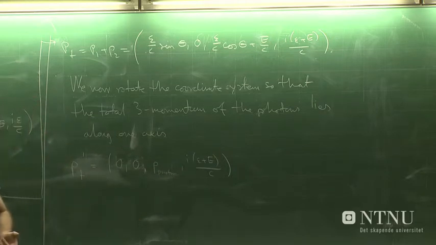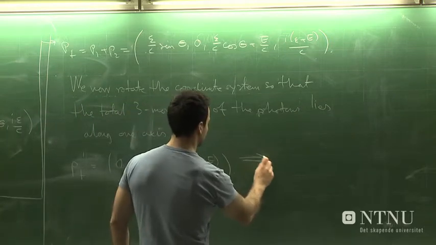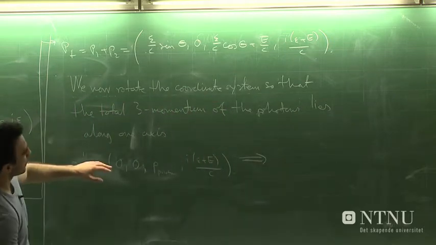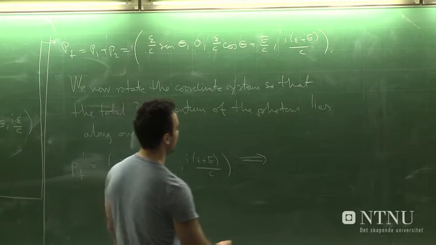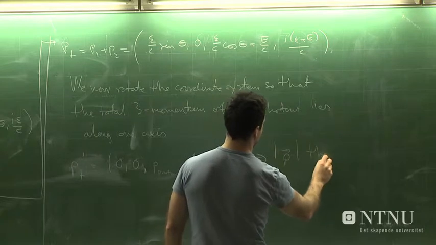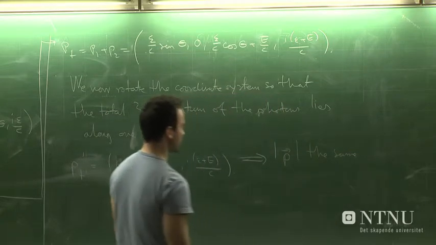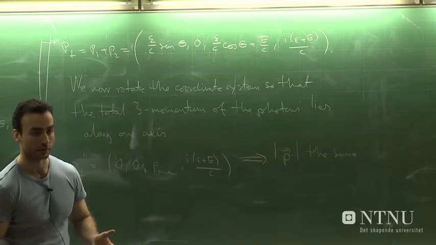But what we can do is to use this invariance of the four momentum. This one squared has to be equal to this one squared because it has the same value in any inertial system. So in other words, for the energy part, it's no problem because that has the same value. So what it means is just that we need to choose p photon so that the magnitude of the three momentum is the same in both inertial systems.